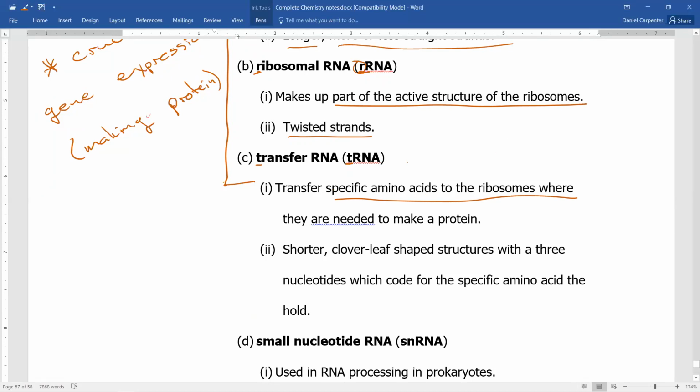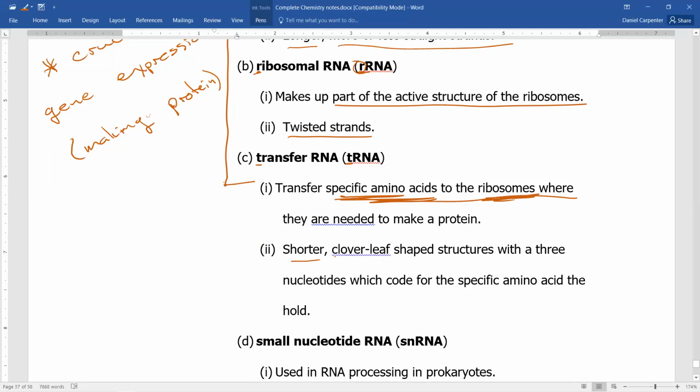So the transfer RNA float around through the cytoplasm looking for their own amino acid. When they find their own amino acid, they attach to it and they carry that specific amino acid to the ribosome where they're going to be needed to make whatever protein the messenger RNA at the ribosome is making.